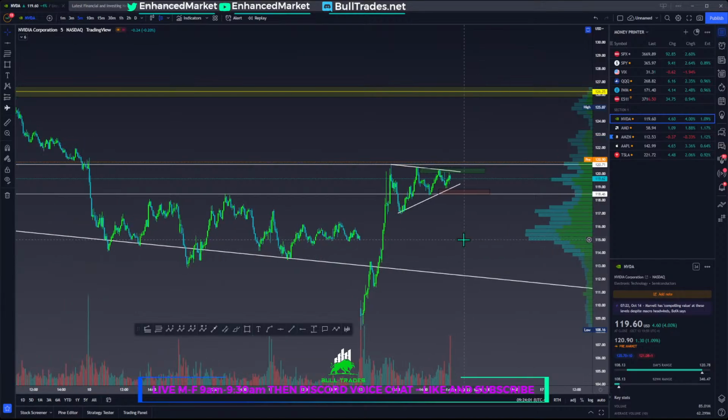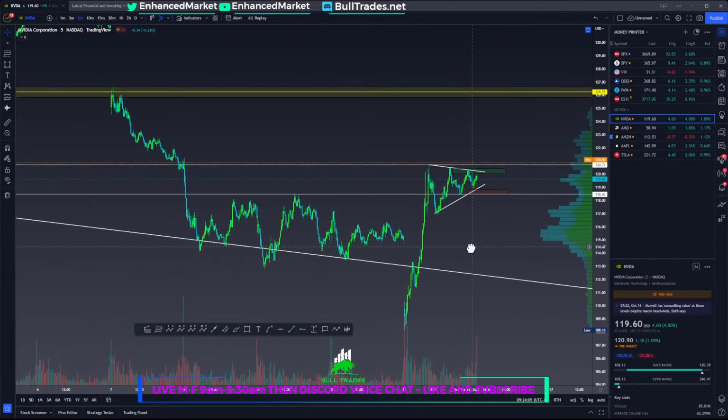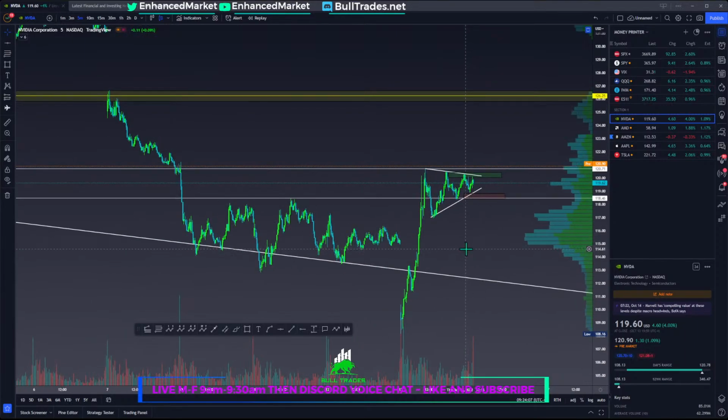All indicators are based off of price action. So stick to the price, trade the patterns, and make it as simple as possible. I don't have anything on the chart. I keep it as simple as possible, and it works very well.